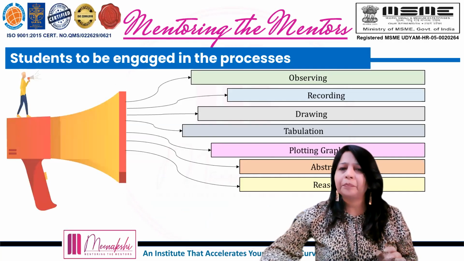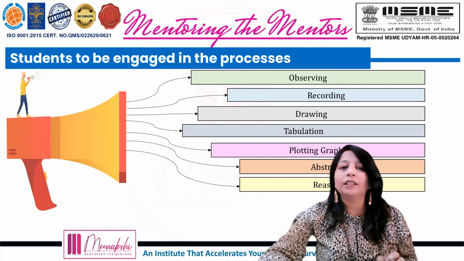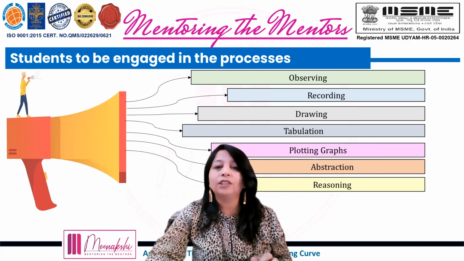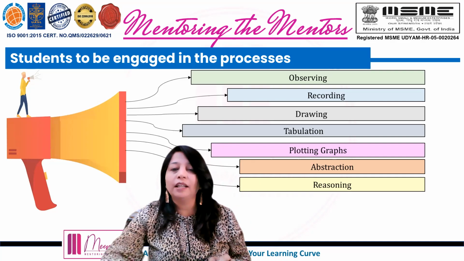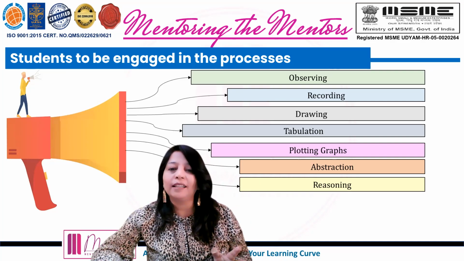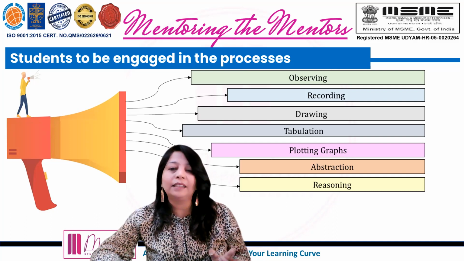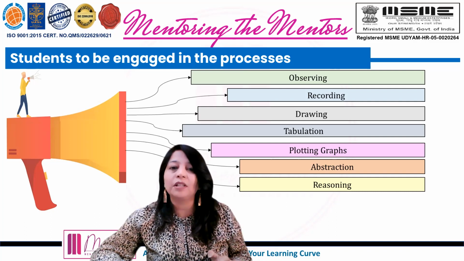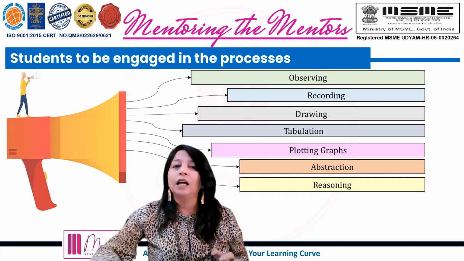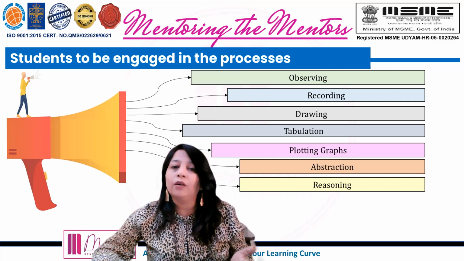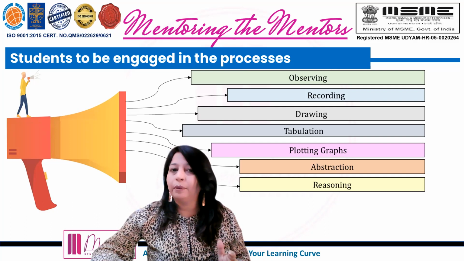Moving ahead, it's clearly mentioned that students are to be engaged in processes. Some of the processes mentioned here are observing, recording, drawing, tabulating, plotting graphs, abstraction, and reasoning. These sorts of skills are to be focused on while delivering the curriculum given to us by CBSE.